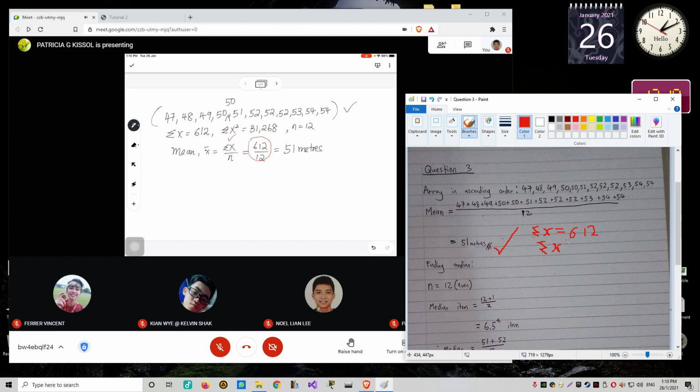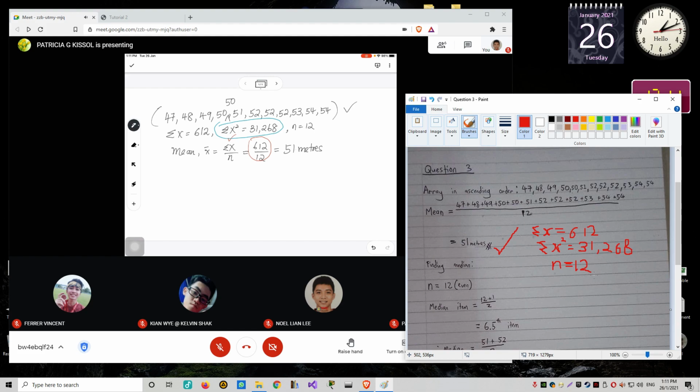Now, since I didn't ask you guys to do standard deviation, only Calvin, I think you did it based on your past knowledge, is it, Calvin? Yeah. So I've written the summation x squared, which is 31,268. How do I get that?